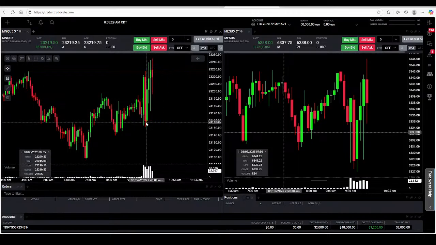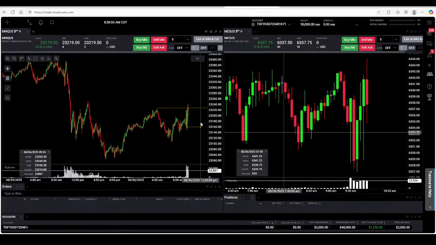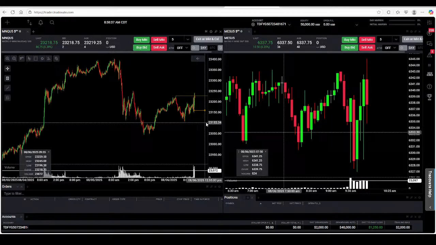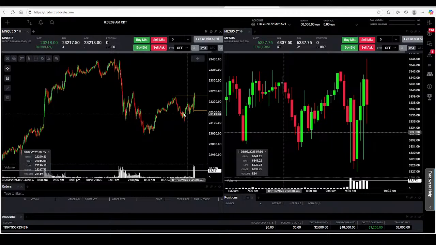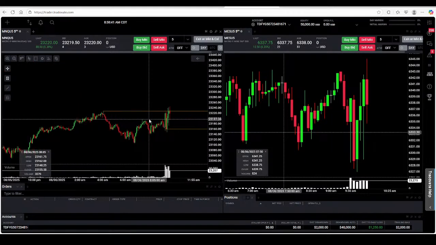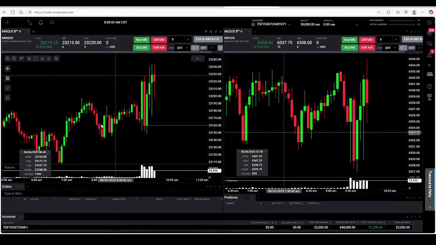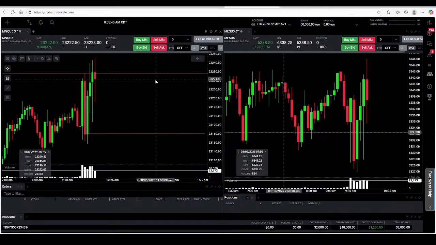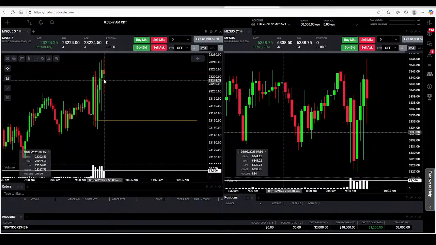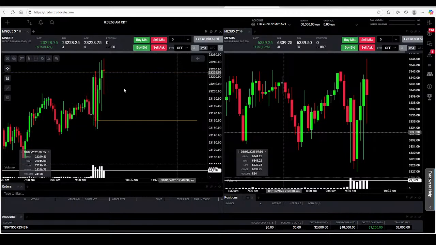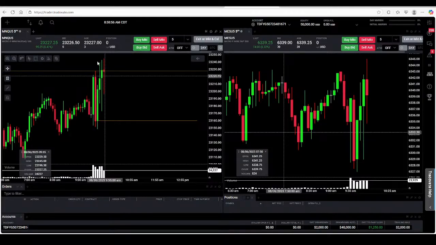We'll also go ahead and draw this out, this here, that line there would be our CISD, change in state of delivery. Up here is our pre-market high. Basically what we'd be looking for is this to be swept.